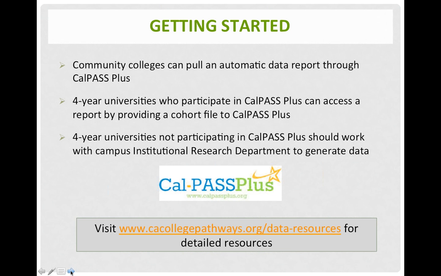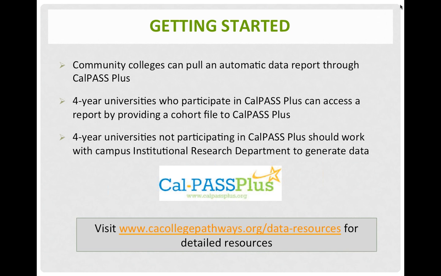So in terms of how one actually gets the data we're going to be talking about this morning, if you're a community college, there's now a report available through the CalPass Plus system that community colleges can work with their institutional research departments to access.